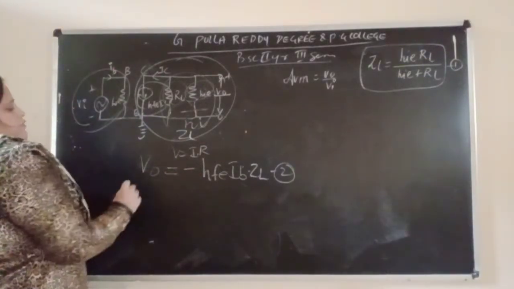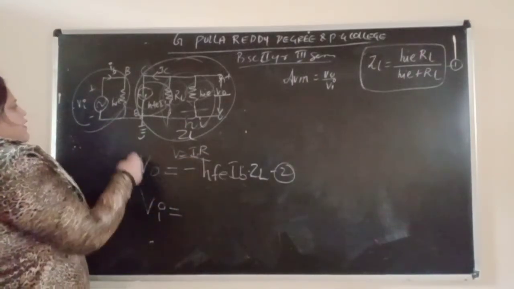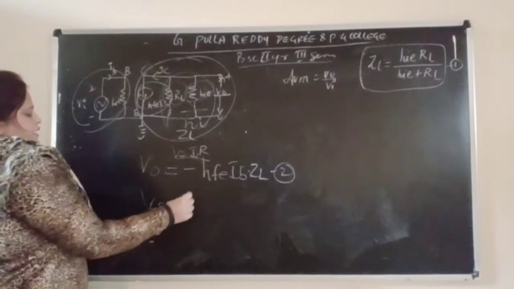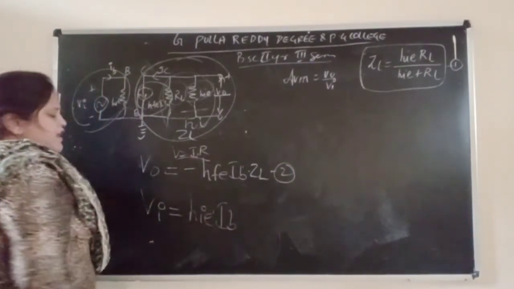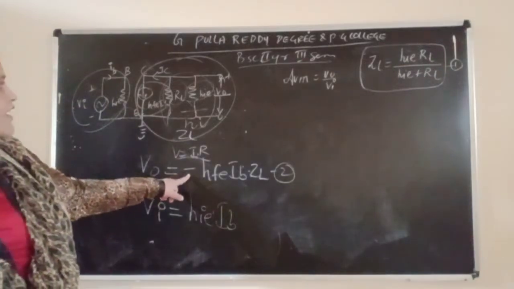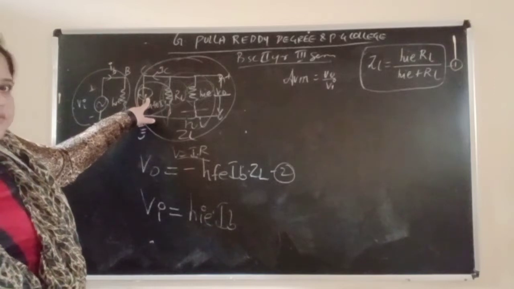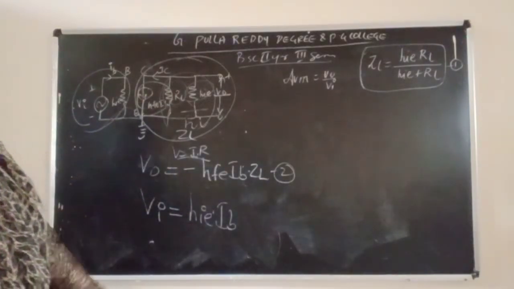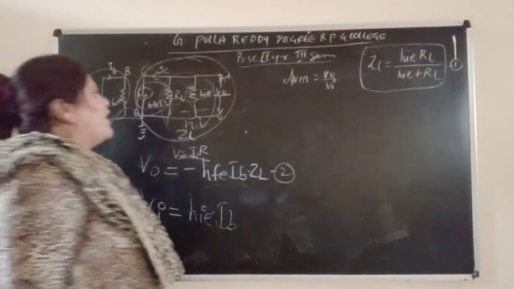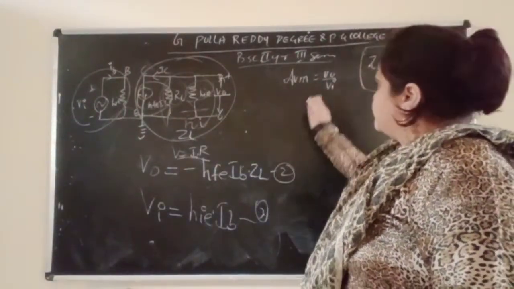Go to this block. VI equal to IR formula, same. I is IB, R is HIE. So VI equals HIE into IB. Why have I kept minus here? Because the current direction is down. Now finally we will substitute equations 2 and 3 in this.